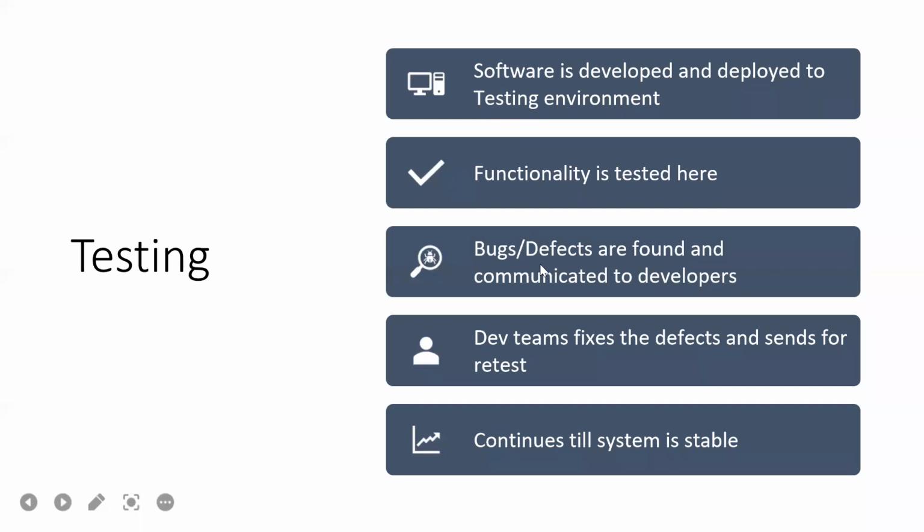This is where the bugs or defects are found, and they are communicated to the developer, and the developer will fix them. So this phase will go on continuously until the system is stable before deploying it to production.